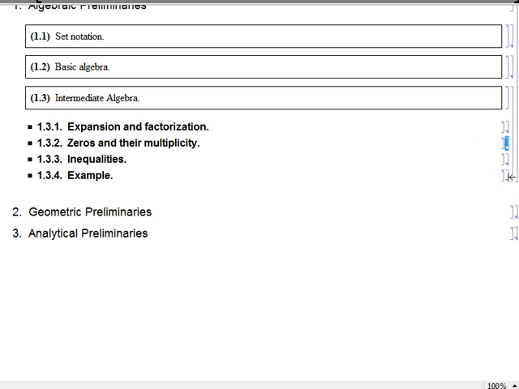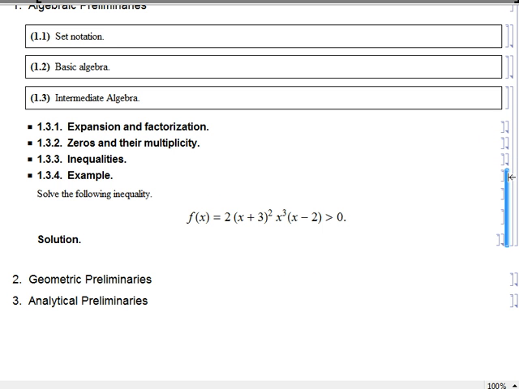Let's look at it through the following example. f of x is 2 times (x plus 3) squared times x cubed times (x minus 2) is greater than 0. So we want to find out the intervals in which this function f of x is above the x-axis. How do we find it out?